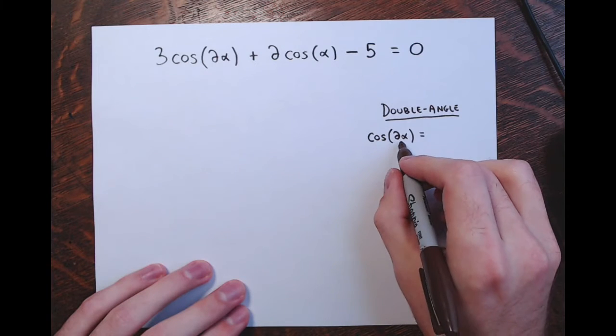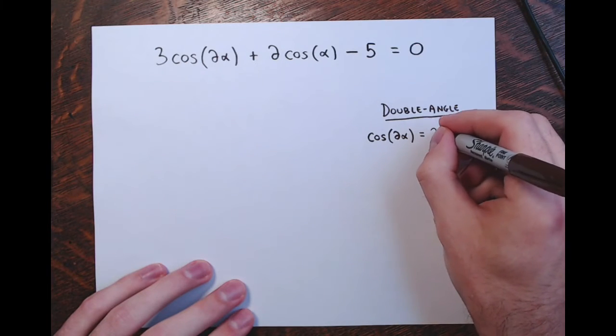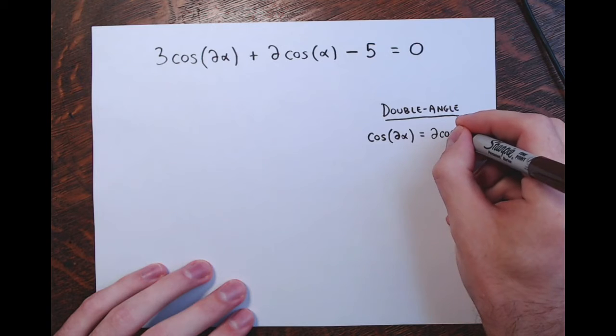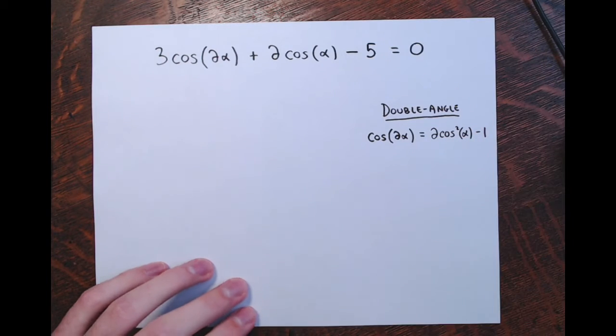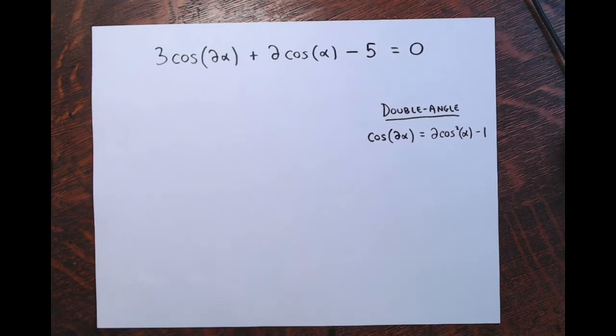The cosine of 2 alpha was 2 times cosine squared alpha minus 1. That's if I took cosine squared minus sine squared and then replaced the sine squared with 1 minus cosine squared and distributed and combined like terms. Hopefully you remember this.